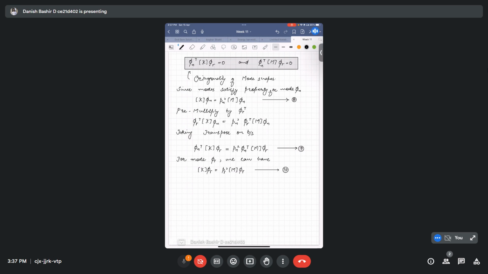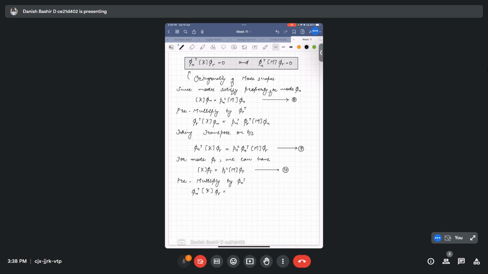To this equation we will pre-multiply by phi n transpose. So we will get phi n transpose k phi r.